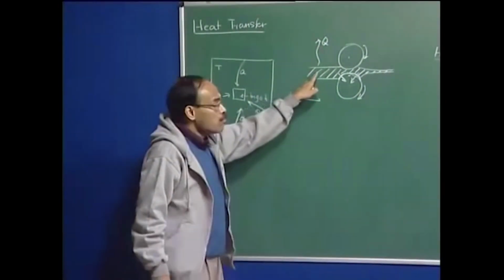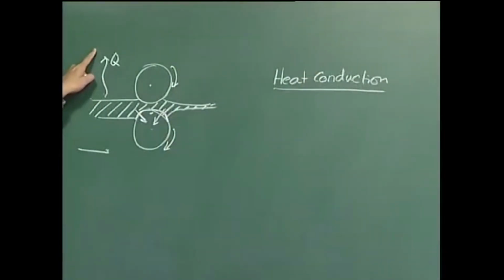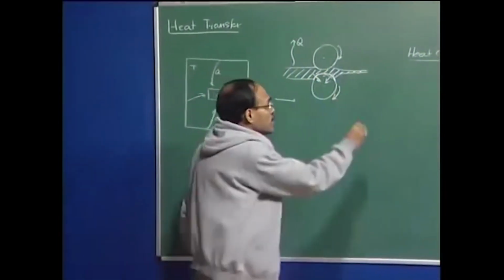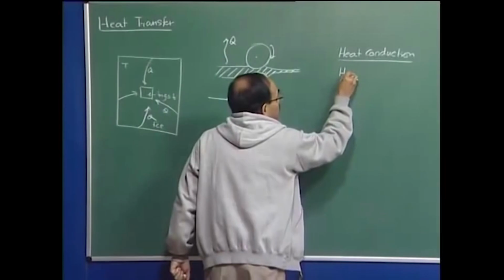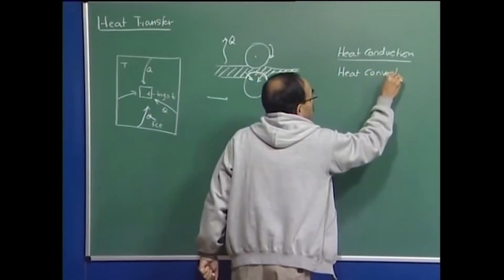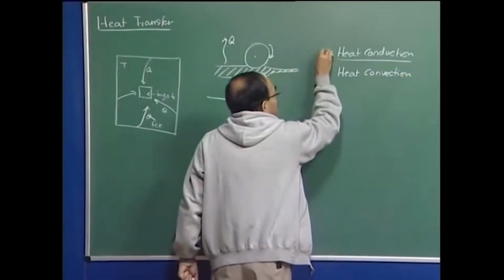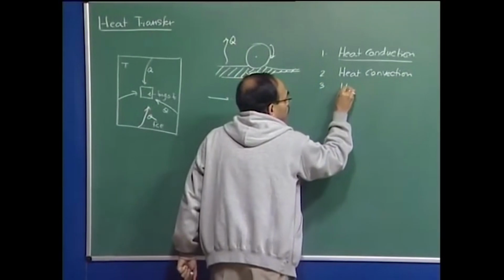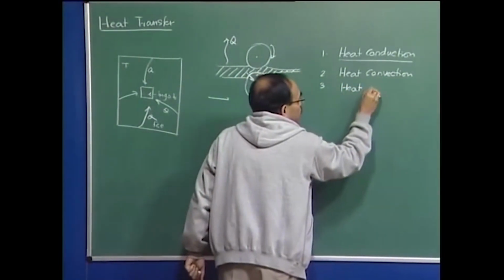When heat flows from the solid to the ambient atmosphere, it can flow via three different mechanisms. It can flow via conduction, and there is a second, which we call heat convection or convective heat transfer, and then finally we have heat radiation or radiative heat transfer.